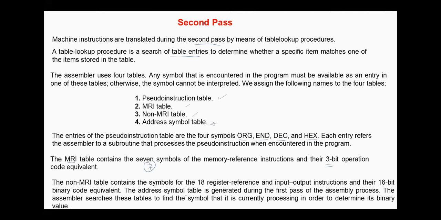The non-memory reference instruction table contains the symbols of 18 register reference and input-output instructions, and their 16-bit binary code equivalent. The address symbol table is generated during the first pass of the assembly process. The assembler searches these tables to find the symbol that it is currently processing in order to determine its binary value.